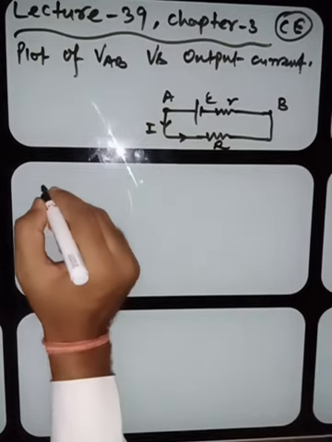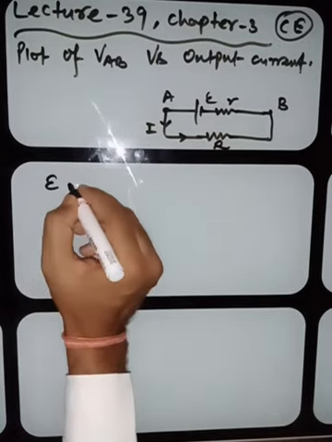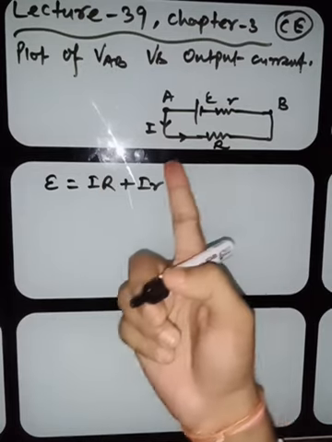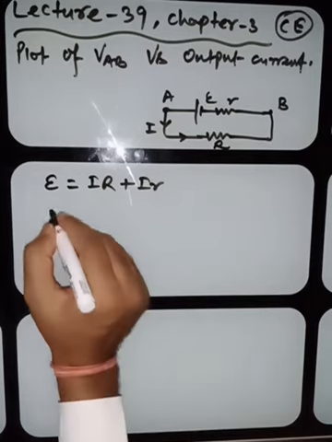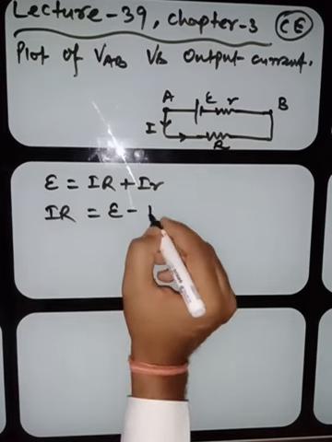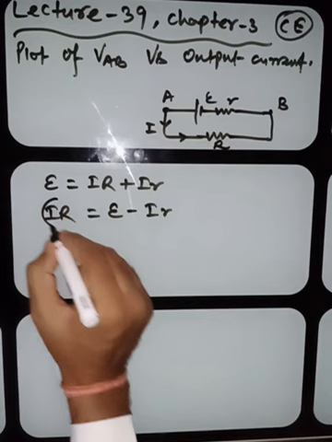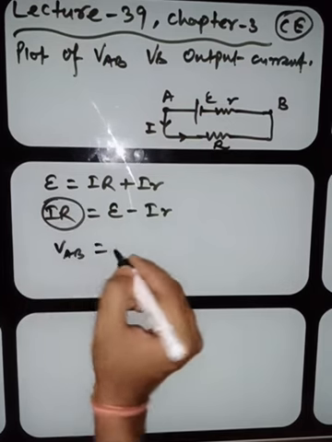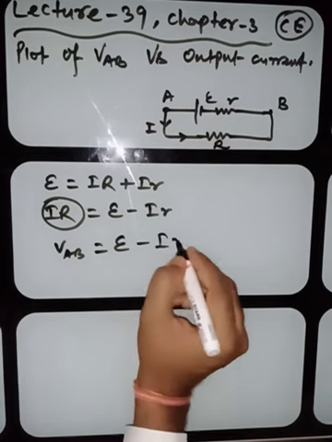It will be E = IR + Ir, and thus IR can be written as E minus Ir, and this is nothing but the terminal voltage V. This is the terminal voltage, V = E minus Ir.